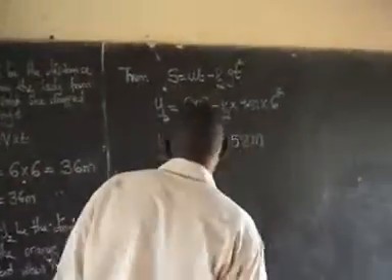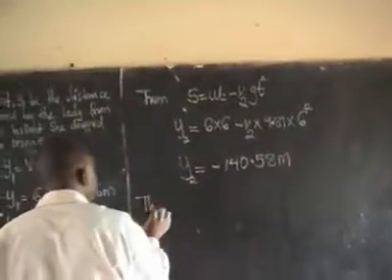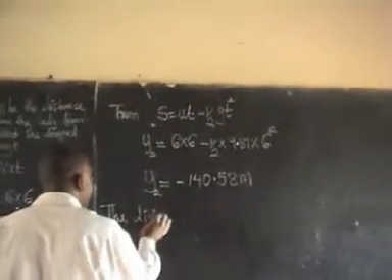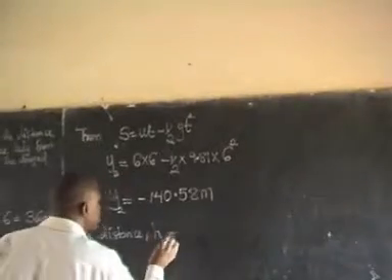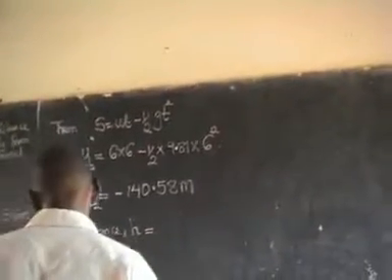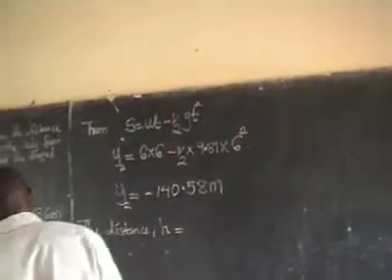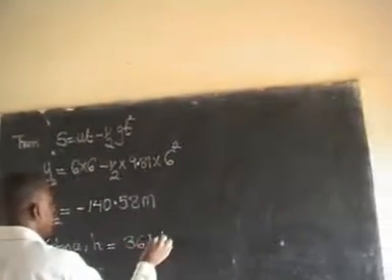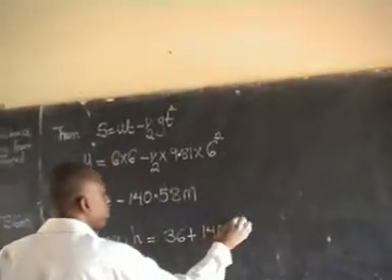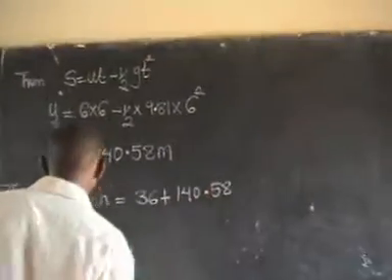So the required distance h, in this case, we now take the magnitude. So it's going to be equal to y1 plus y2, so 36 plus 140.58.